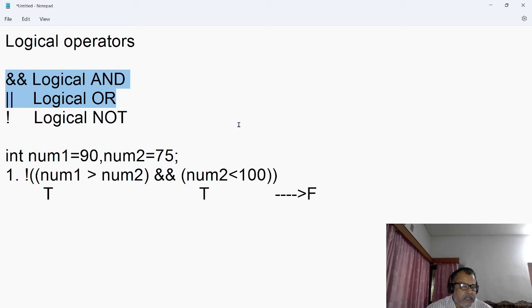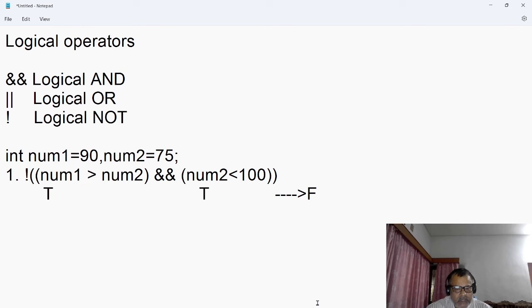Binary means they will work with two operands, but this one is unary. It will work on only one value, like this here. Because it was true, it will accept this true and make it false. So it is known as a unary operator.